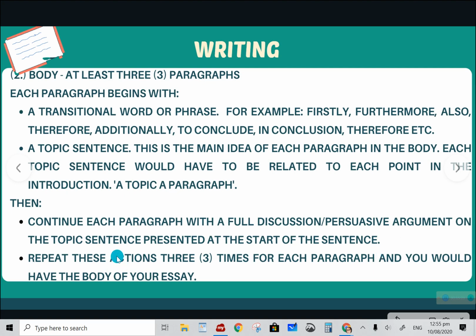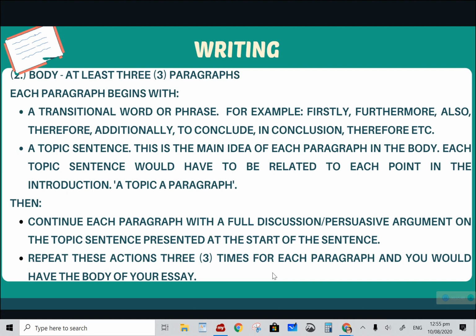So in other words, you have your topic sentence and then you continue with having a full discussion of that particular topic sentence. Repeat these actions 3 times for each paragraph and you would have the body of your essay. So the body of your essay is basically based on your introduction.